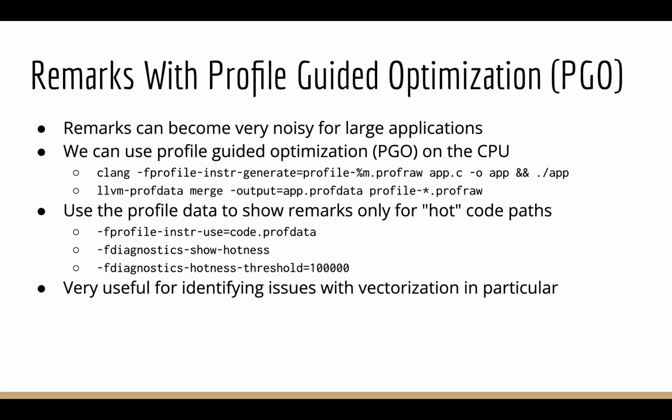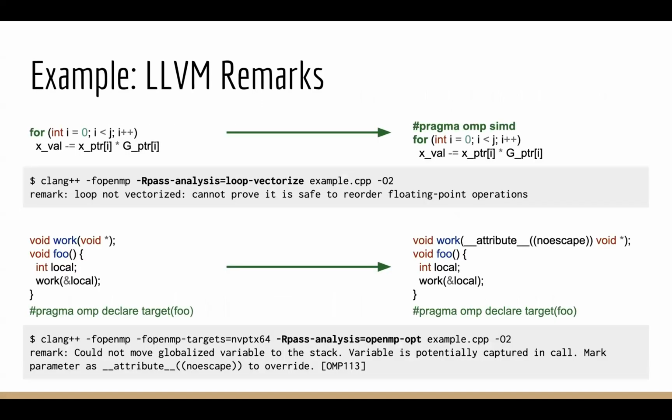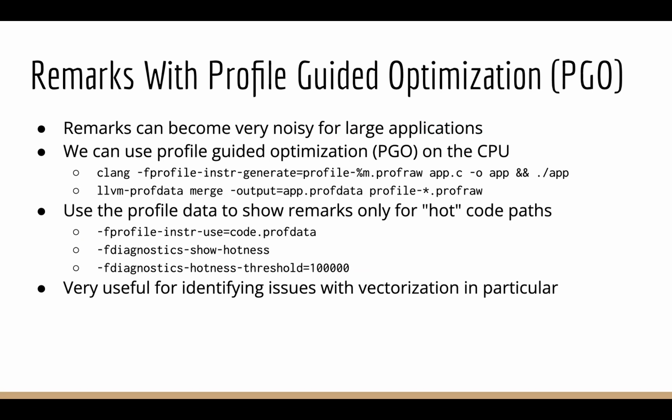And that basically allows you to take this large program and get a sorted list of all of the hot code paths that missed some optimization you're interested in. So this is a very quick way that you can get similar results to larger performance suites, kind of like Intel VTune. This is very useful for certain things like vectorization.